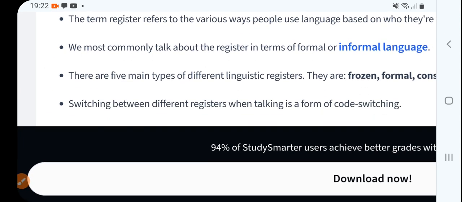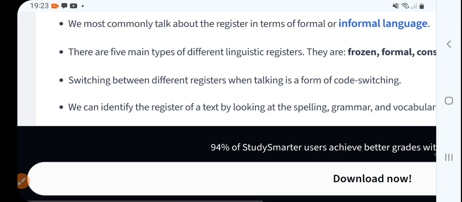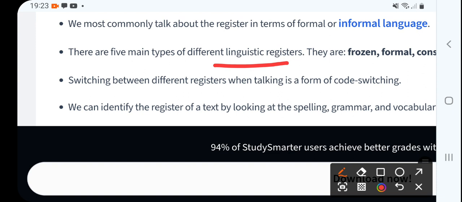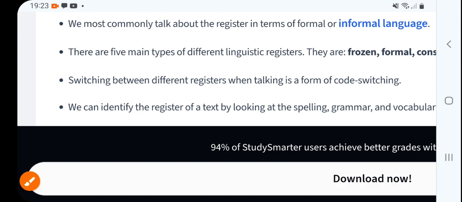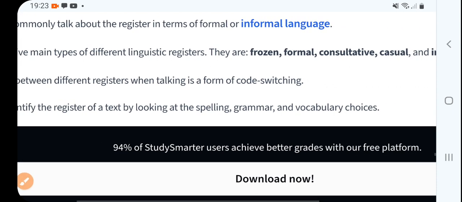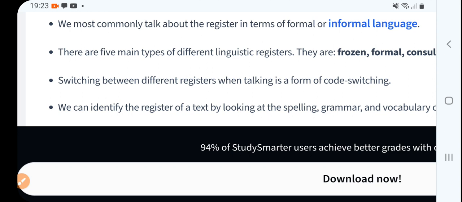We most commonly talk about register in terms of formal or informal language. There are 5 main types of linguistic registers: frozen, formal, consultative, casual and intimate. Switching between different registers when talking is a form of code switching. It means sometimes you are very formal but then you talk informally, that is code switching.